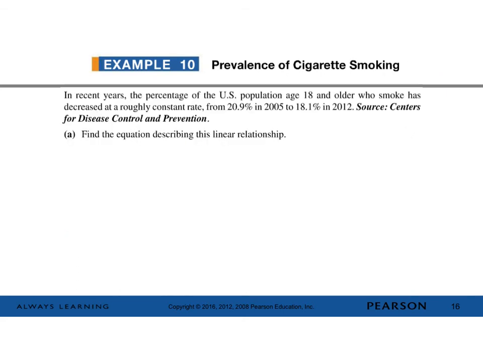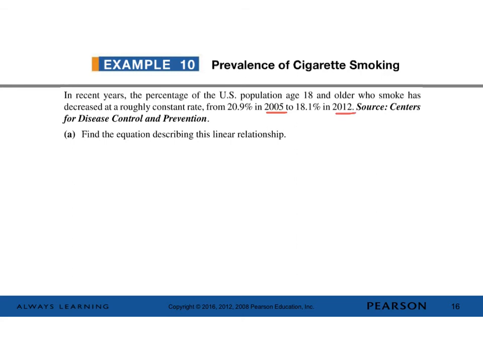So looking first at just question A, find an equation that describes the linear relationship. Okay, we've already established that we've got 2 points. We want to be careful how we define this, though, because I'm not sure we want to use big numbers like 2005 and 2012.